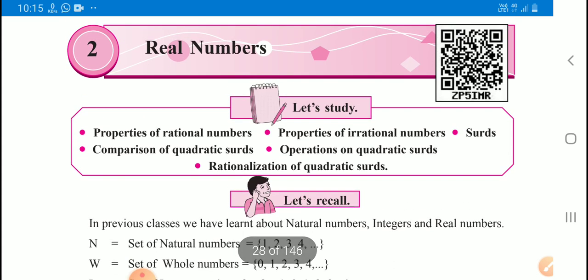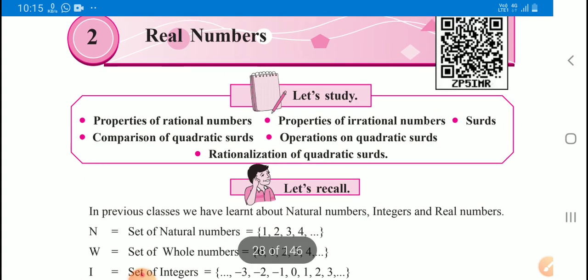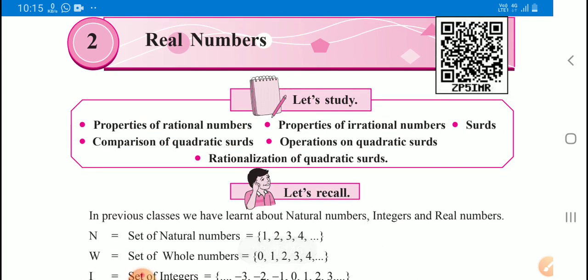All positive numbers, 0 and negative numbers are known as integers. Then rational numbers. Rational numbers means the numbers which are in the form m upon n and n should not be 0. These numbers are in the fraction form.